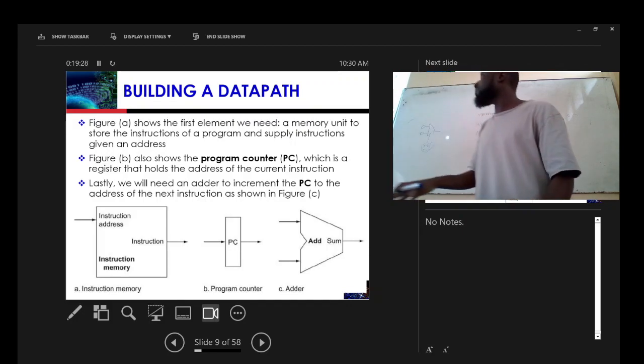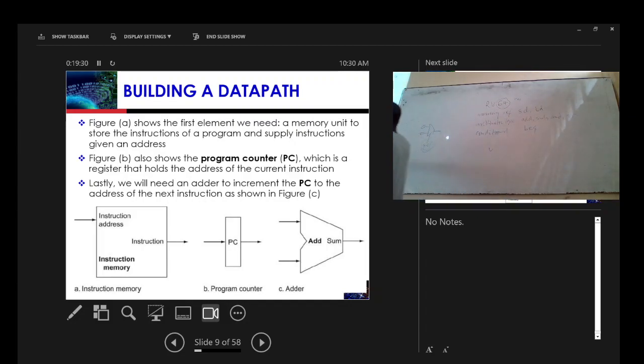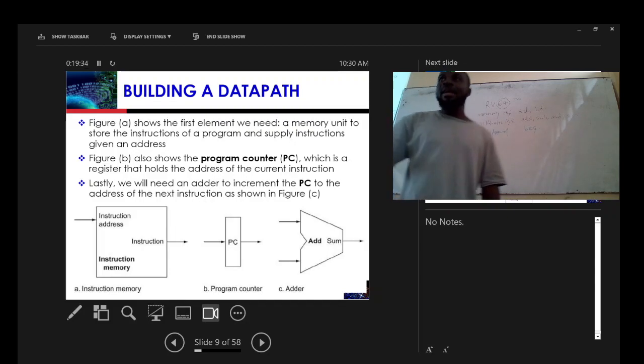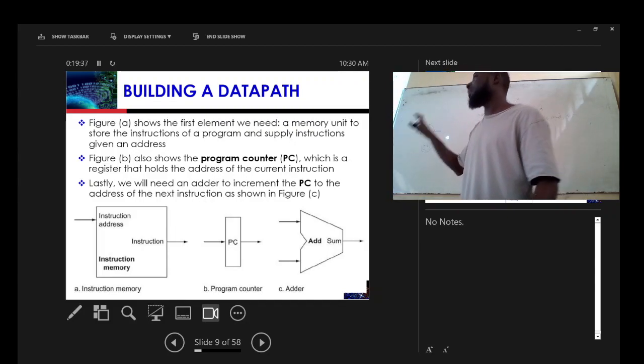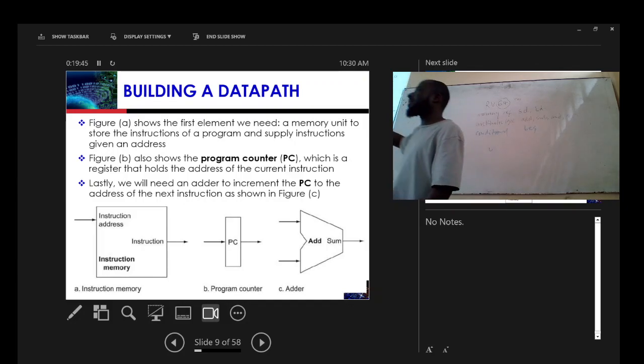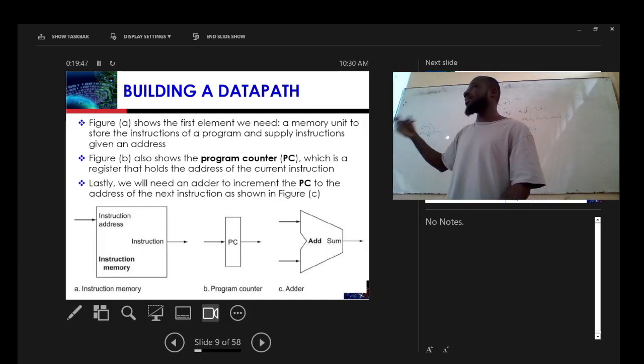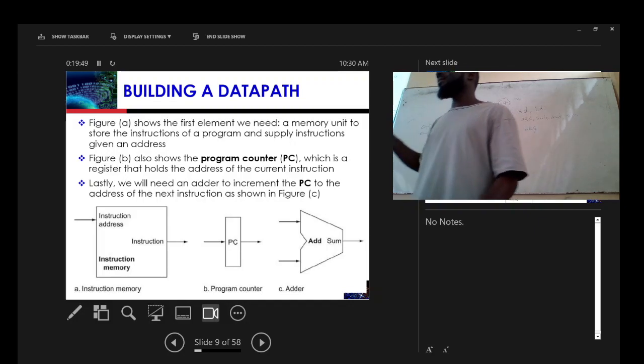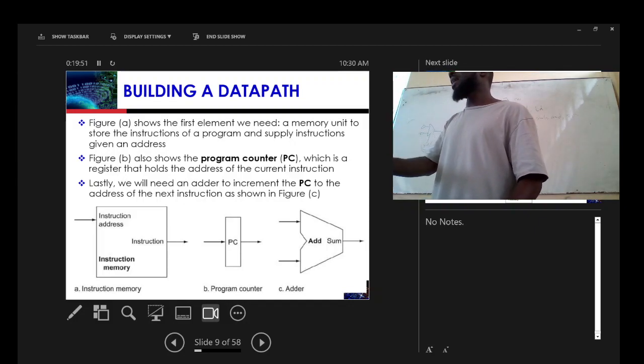So now it means that we are going to combine this into one, right? Then what are we trying to achieve? We always said that the PC is a register that points to the next address in our memory, right? Then every clock cycle, the PC increments by 4, right?